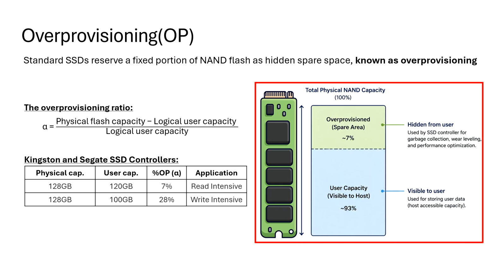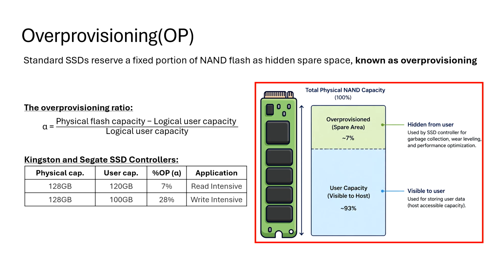So let's say you have your total SSD NAND capacity, but the SSD controller can use 7% of this only, and the user can only use the 93%. The user will see only that part.